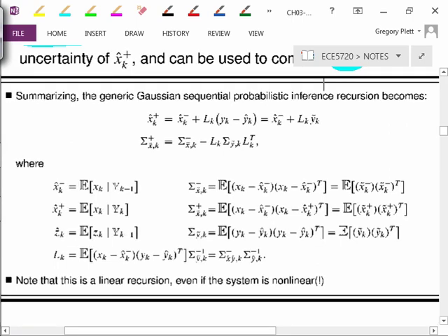But the generic Gaussian sequential probabilistic inference solution has two fundamental steps, and we're going to develop sub-steps because this is still not an algorithm. This is still math. I need to derive an algorithm, a sequence of computer steps that I can execute. But it says every time I make a measurement, I'm going to compute an estimate of the state.